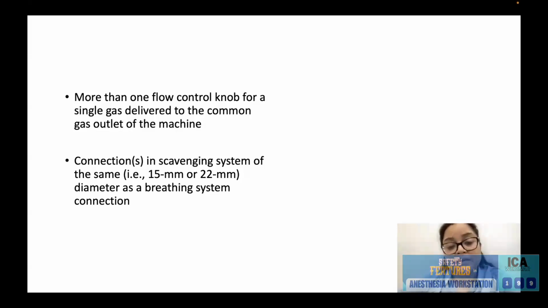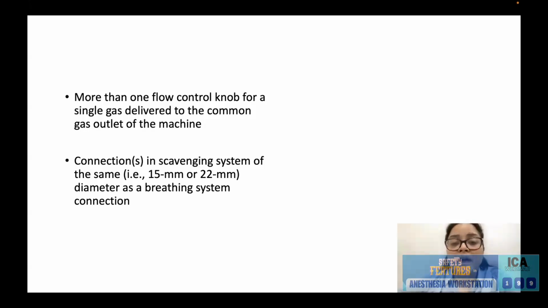Then coming to the scavenging system. The connections in the scavenging system should not be the same as those of the breathing system connection. If the connection in the scavenging system has the same diameter as in the breathing system, that is considered very dangerous and is not a desirable feature. Why?